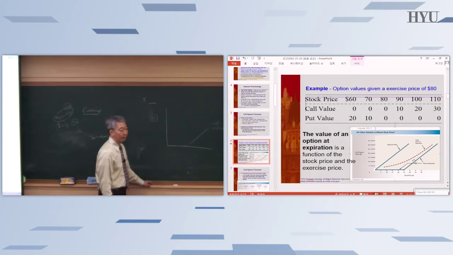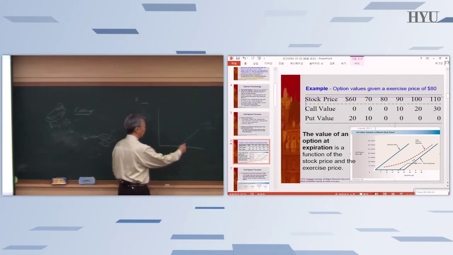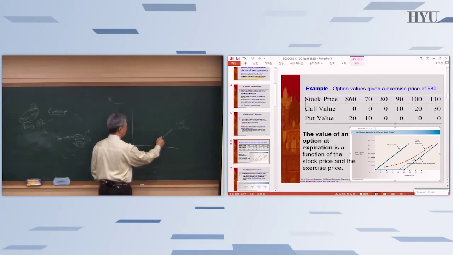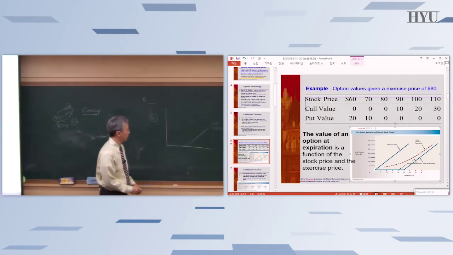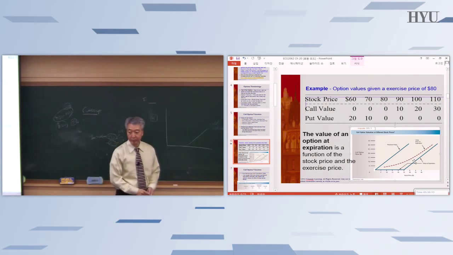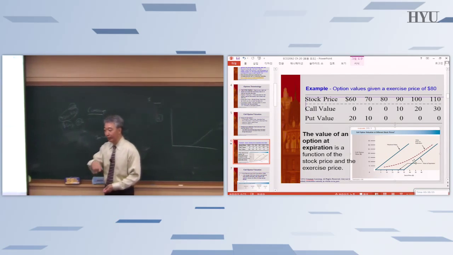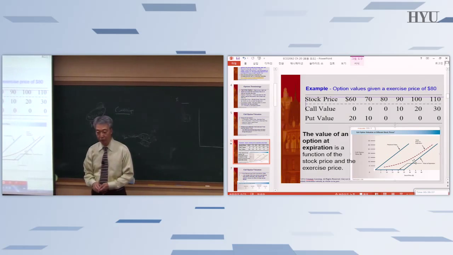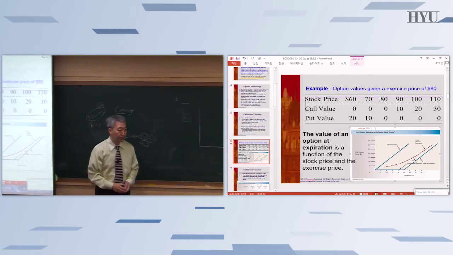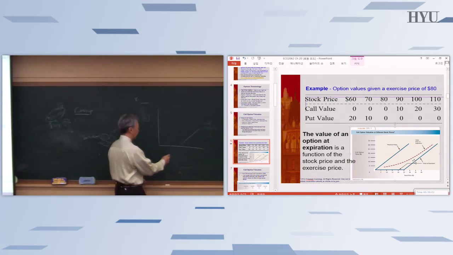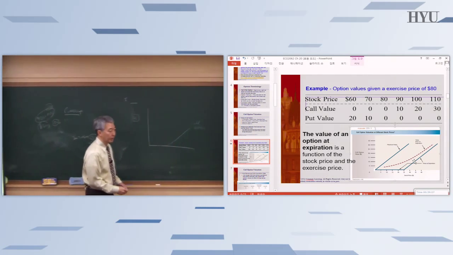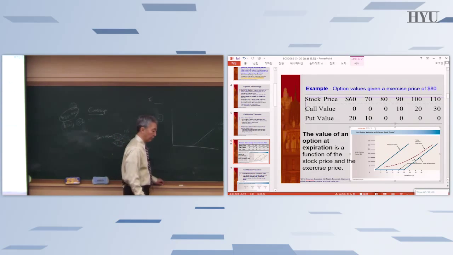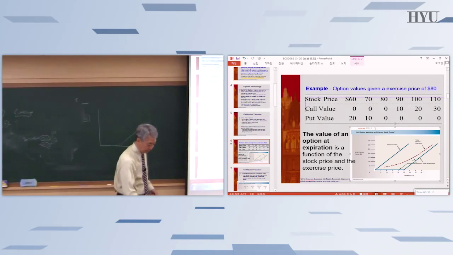If it's 1 month before expiration, it will be significantly higher. Why? Because you have more time for the stock price to go up. So that's the difference. This gap depends on the number of days, how many days you have until expiration.